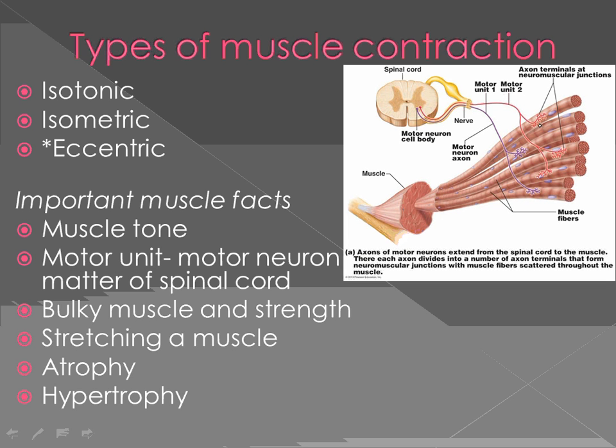You can see this red one is stimulating this fiber, and this. So it's stimulating 3 fibers. Look at the purple one, stimulating this and this. So this motor unit has 3 muscle fibers, this motor unit has 2 muscle fibers. So you can see that there'll be many motor units inside a muscle. The bigger the muscle, the more the motor units. The smaller the muscle, fewer motor units, okay?